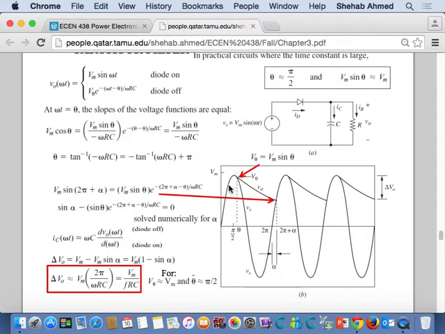We know that if I've properly chosen my capacitor value according to my load, meaning I've properly sized my bucket according to how much water is coming out of it, so that I'm able to maintain the level sort of constant, where I need it to be, then I know that the level of my bucket of water is approximately, I don't know, 1 meter, for example. I know that it's approximately that. Fine, it goes up and down, but I know it's approximately that, right? And that's exactly what happens here. I know that if I've properly chosen my capacitor value according to my load, then theta should be approximately around the pi over 2 area.